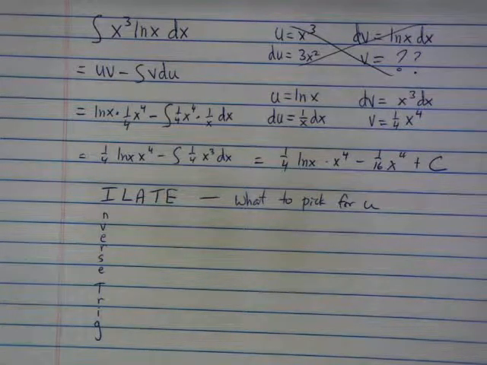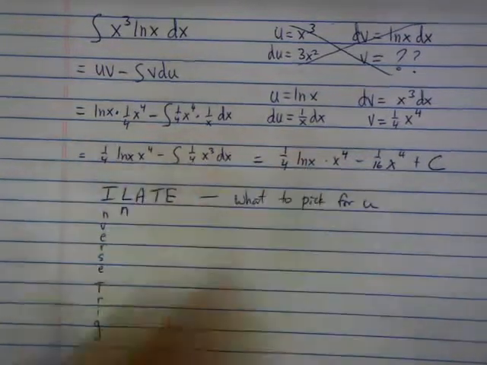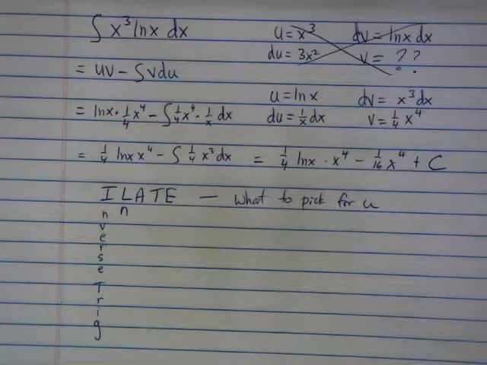So if you see an inverse trig function, it doesn't matter what else is there, that's u. What do you think L stands for? Logarithm. So if there's no inverse trig, but there is an ln or a log, you don't use logs very often, then that's your u.